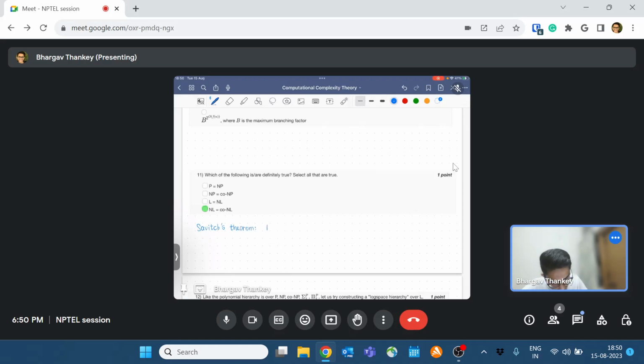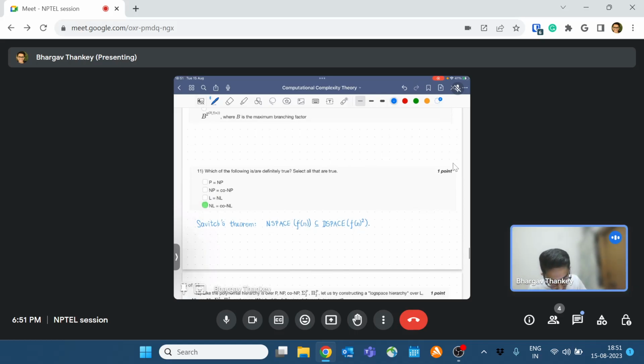NSPACE(f(n)) is contained in DSPACE(f(n) squared), right?